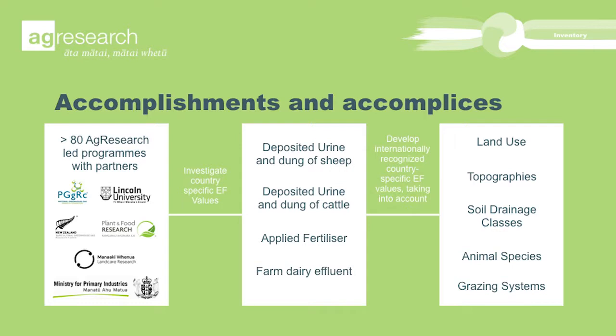When we do that, we also have to consider how land use affects the emission factors: the slope in hill country, soil drainage class, animal species, and grazing system. For example, with the grazing system, naturally urine and dung are deposited onto the soil.